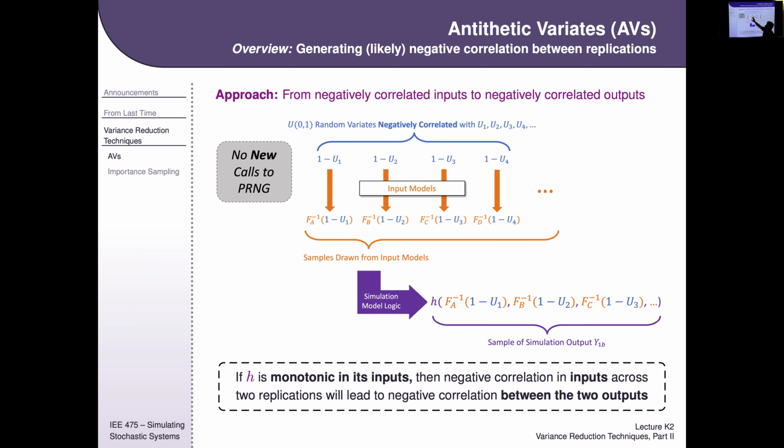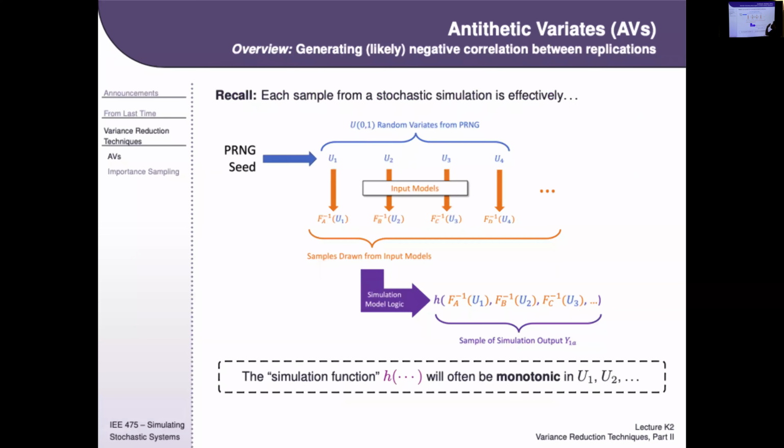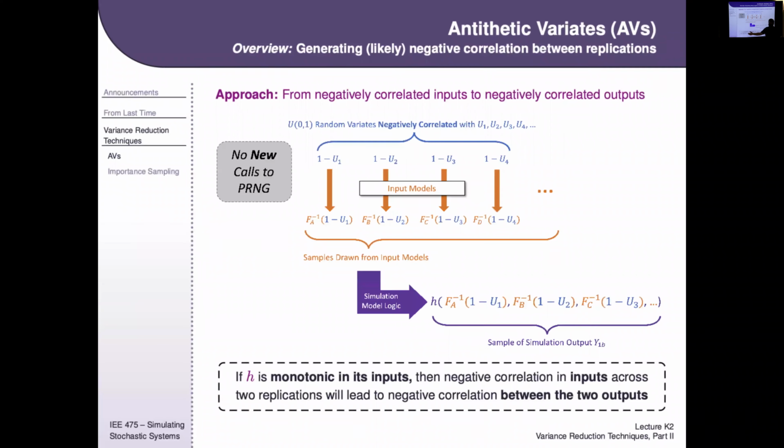So we get the flip, the other side of the uniform distribution, for every even numbered replication. Again, for every odd numbered replication, we just draw random numbers from 0 to 1, and we use as many of them as we need. We remember all the ones we drew, and then for the second replication, we just take the complement of them. If we drew one half, we transform it to the other half. Then we go through the same simulation logic and we get a different output.